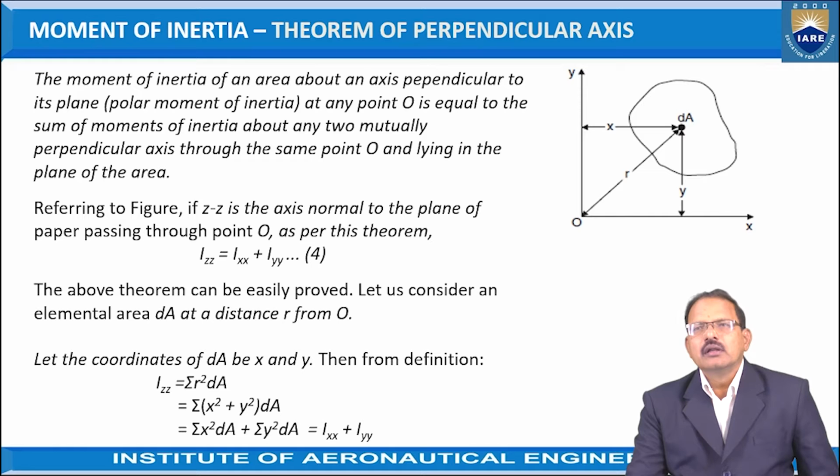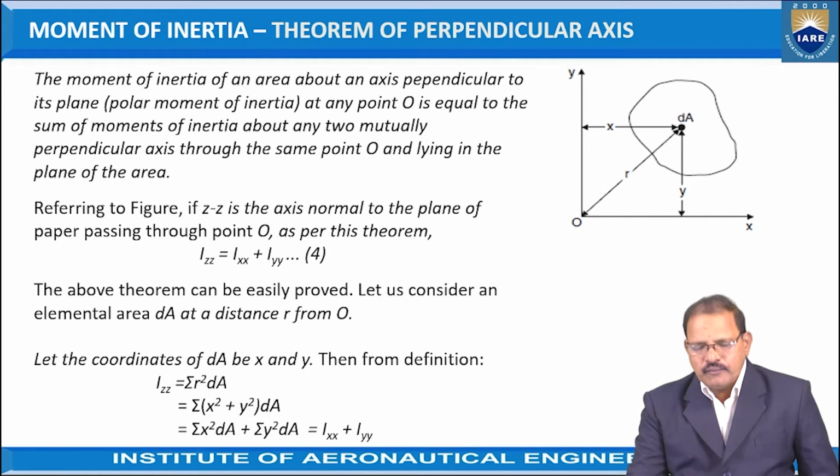Now Izz is the axis which is perpendicular to the plane and passing through point O, that is perpendicular to the screen. Izz is given by dA into R square, because the distance between dA, the center of gravity of the plane area, and O is given by R.